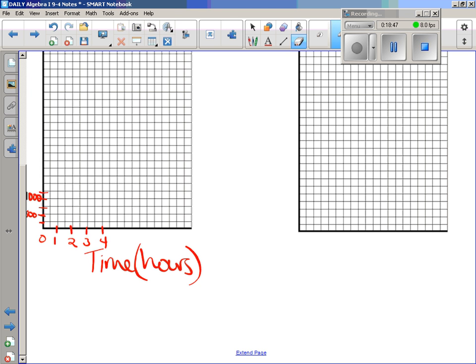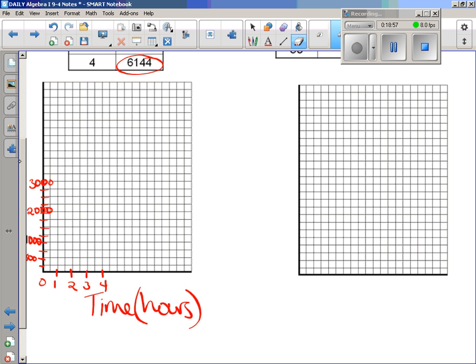So this is 1,000. 1, 2, 3, 4. 2,000. 4 more. 1, 2, 3, 4. 3,000. 1, 2, 3, 4. 4,000. 1, 2, 3, 4. 5,000. 6,000.